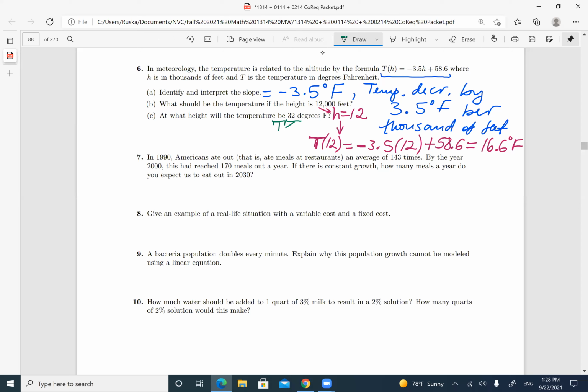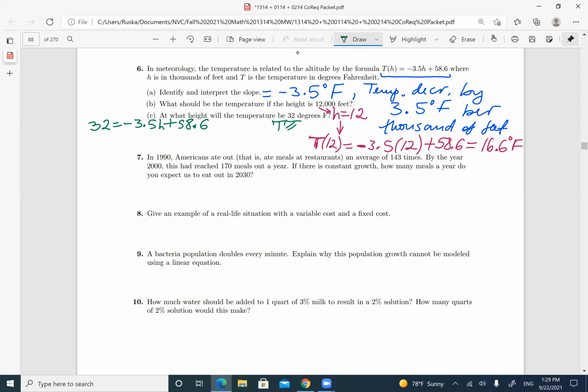So T is going to be 32, and you technically have to solve this equation. You have to solve 32 equals negative 3.5 H plus 58.6. We need to solve this equation to find the height.